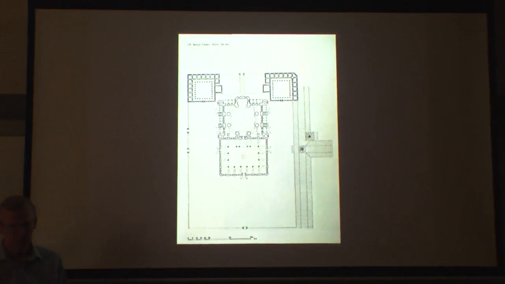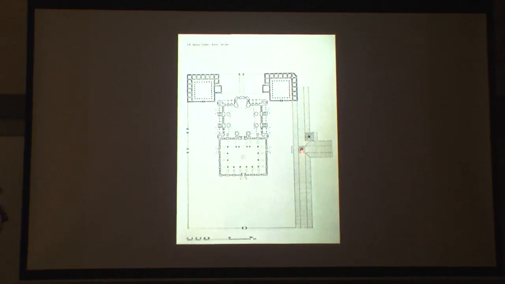This is rather simpler. It has a Dar al-Hadith and a madrasa here behind it. There is the dome chamber with the courtyard in front of it, and there is a covered market, a souk, off to one side.